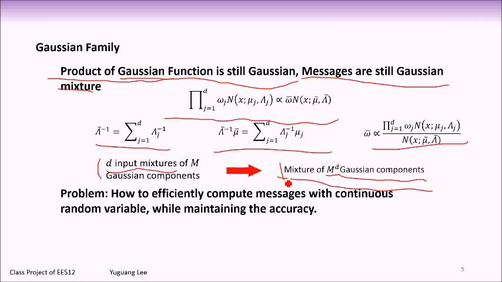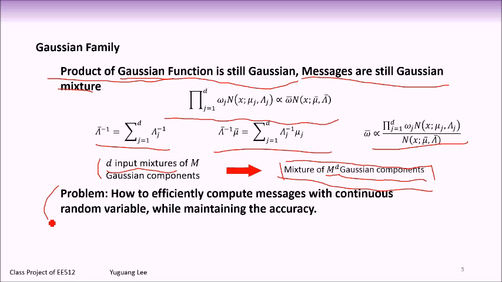It's still a mixture, but it has so many Gaussian components. If we have dozens of nodes and each node has 4 or 5 Gaussian mixtures, then the messages and the final node beliefs become too complicated, take too much computer memory, and take too much time to calculate each of those components.